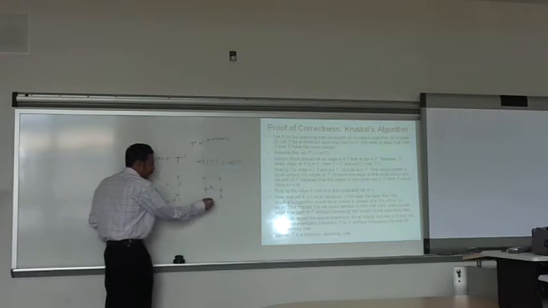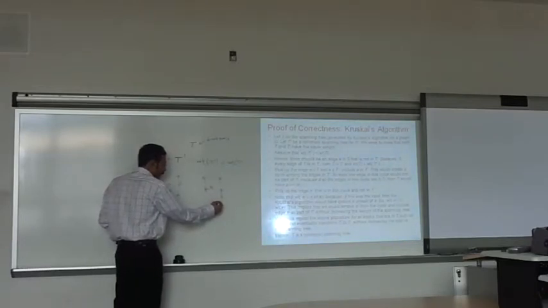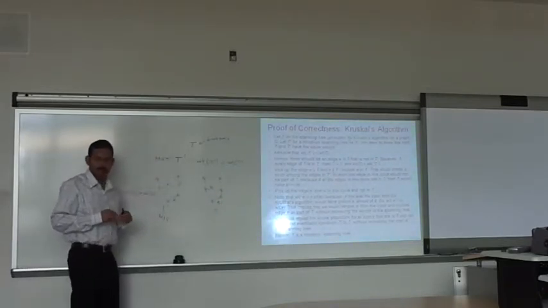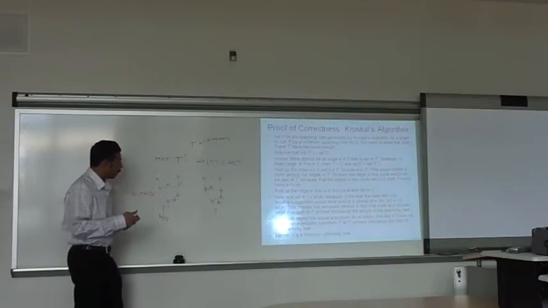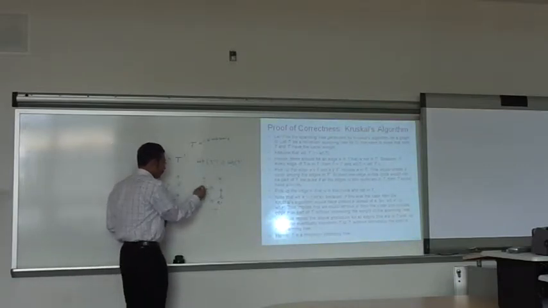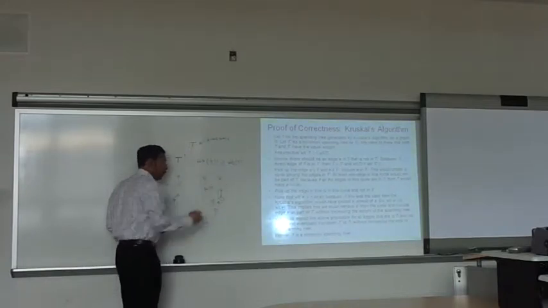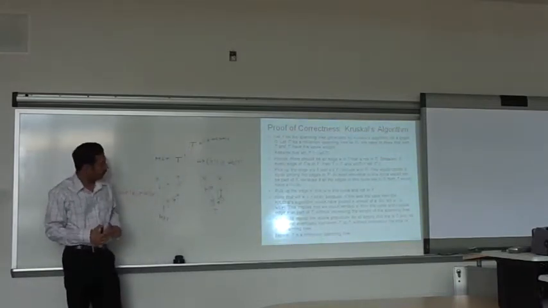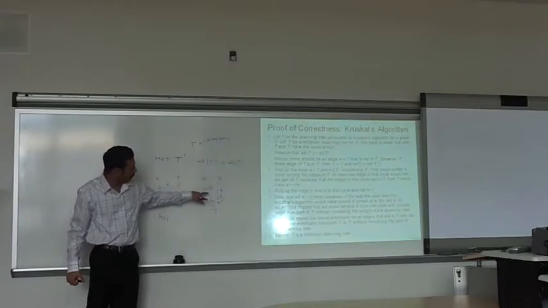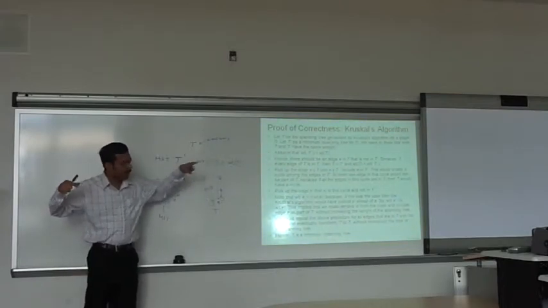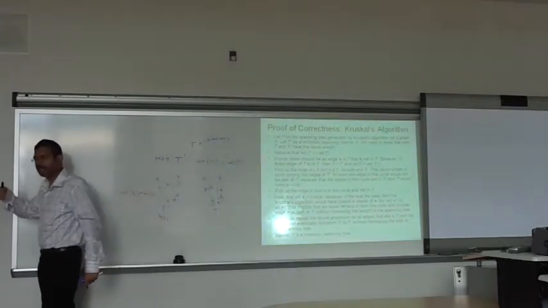Now you see that E prime connects these two vertices. Now this is part of one cut and this is part of another cut. So we know that Kruskal's algorithm picked up edges in what order?